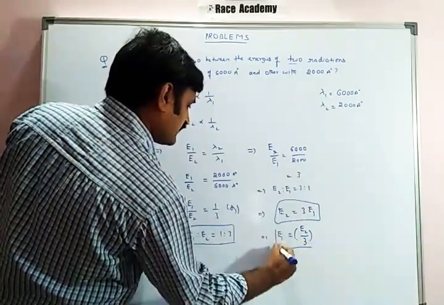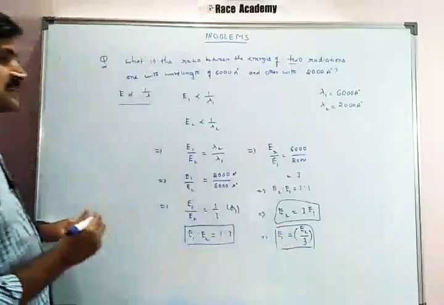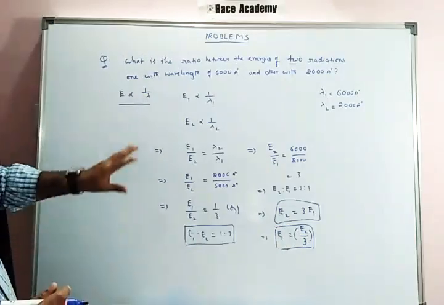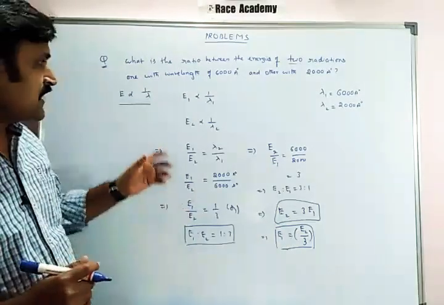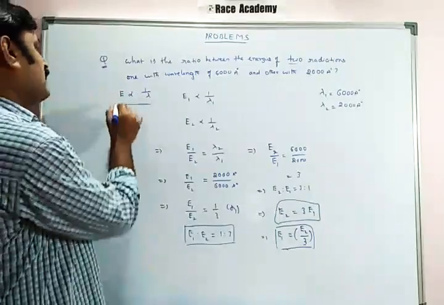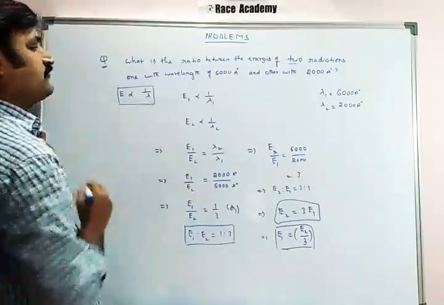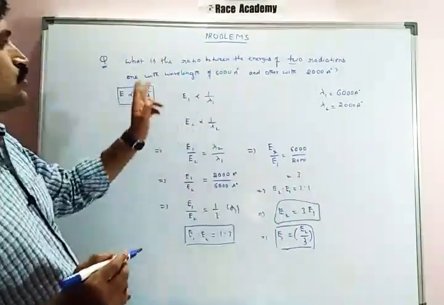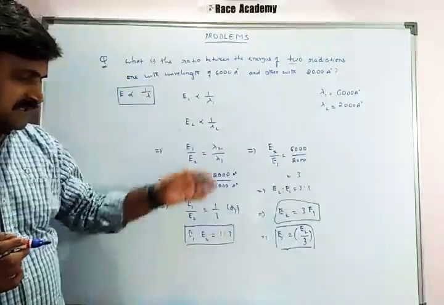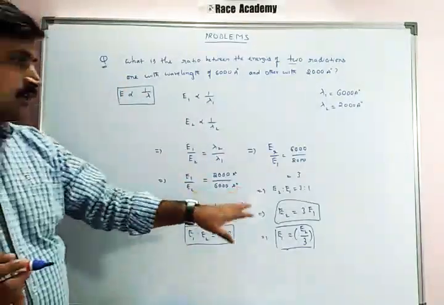So these are the different kinds of relations they may ask in the examination. It's a very simple problem, but we have to remember the relation between energy and wavelength, applied for the two radiations, and we can get different kinds of answers.